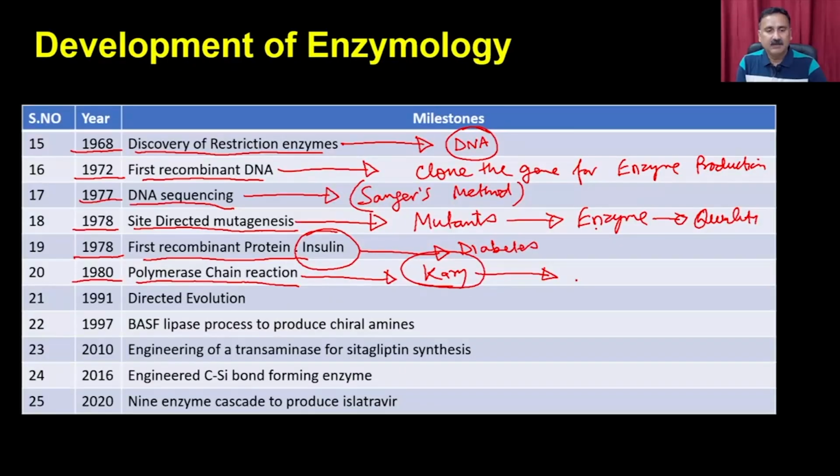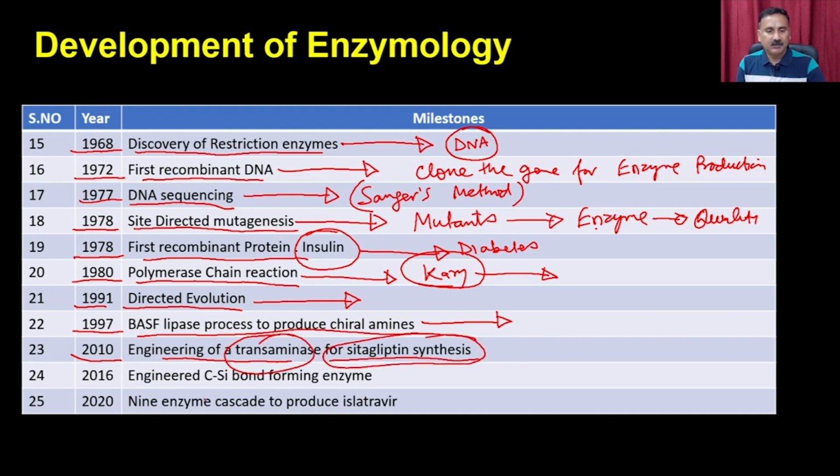And then in the year 1991, there was the directed evolution concept to understand how proteins have evolved in different organisms. And in the year 1997, the BASF lipase process to produce chiral amines. That was the first enzyme utilized to produce biological products. In the year 2010, there was an engineering of a transaminase for the synthesis of chemical molecules.